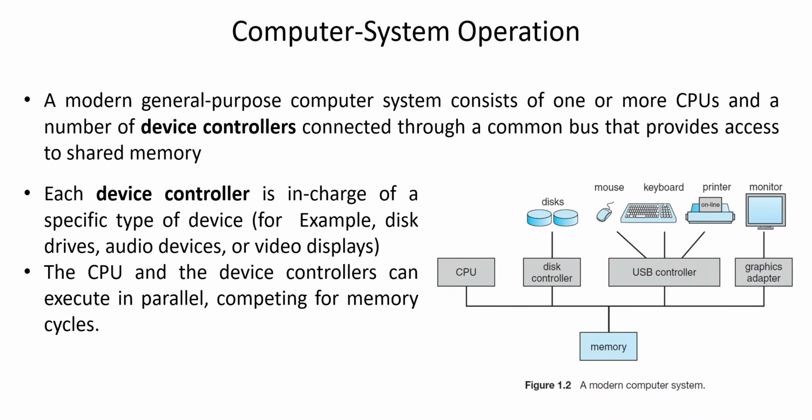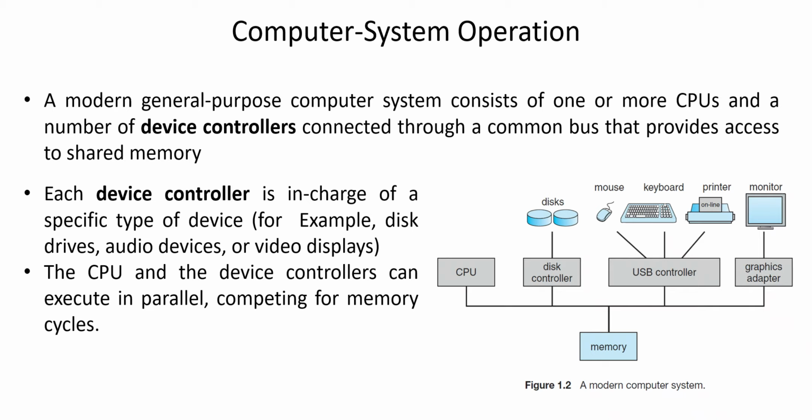A modern general purpose computer system consists of one or more CPUs along with a number of device controllers, all connected to a common bus that provides access to shared memory. Each device controller is in charge of a specific type of device, for example, disk drives, audio devices, or video displays.